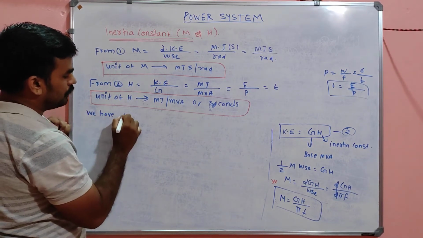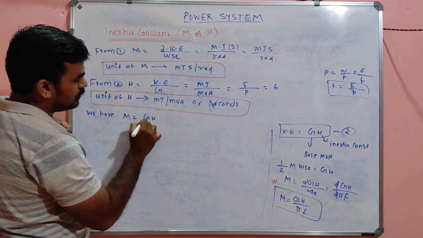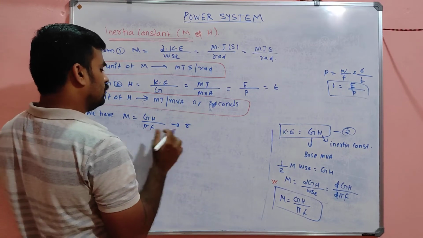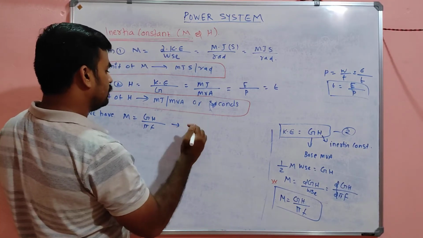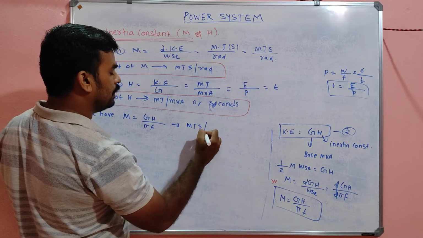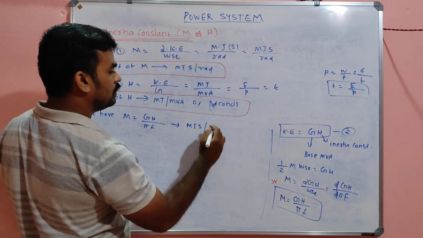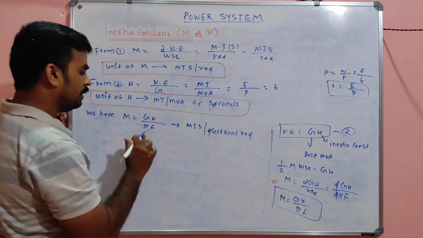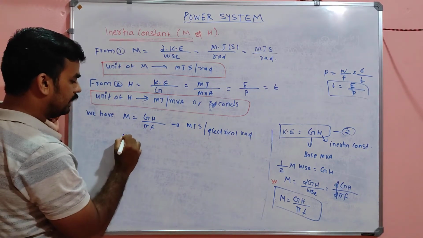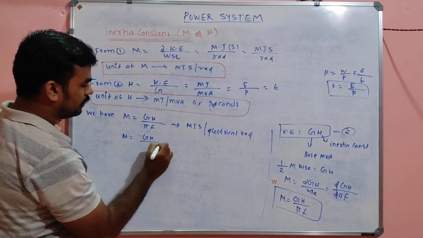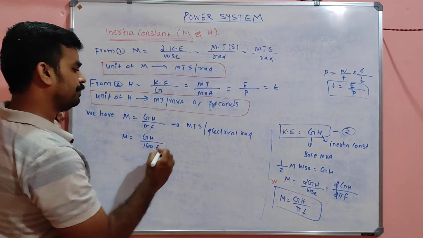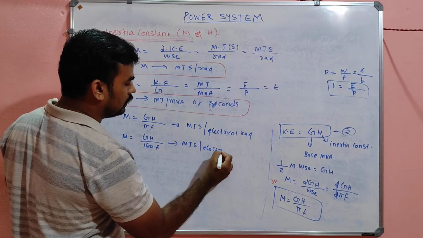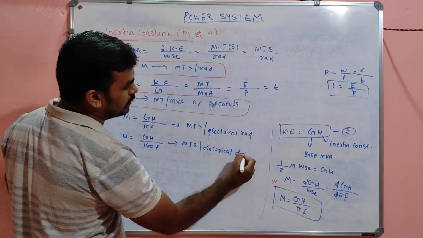We have M equal to GH divided by pi f. This is in megajoule second per electrical radian. Another is GH divided by 180 into f, which is megajoule second per electrical degree.